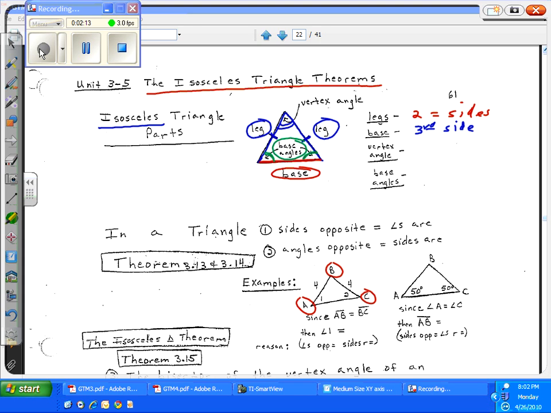The angle included between the two equal sides is called the vertex angle. It is the angle included between the legs of the isosceles triangle. And the base angles of an isosceles triangle then are the angles at the base.